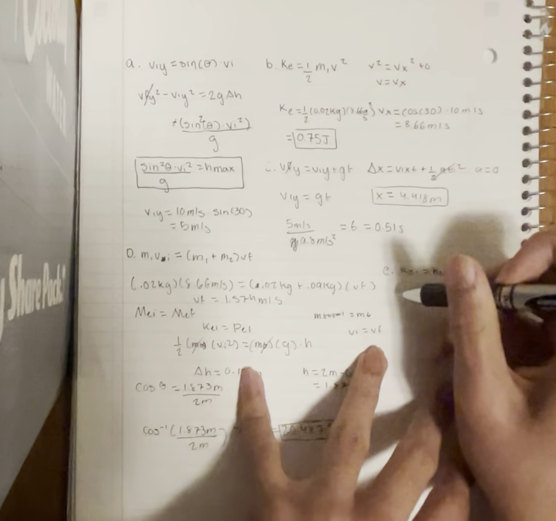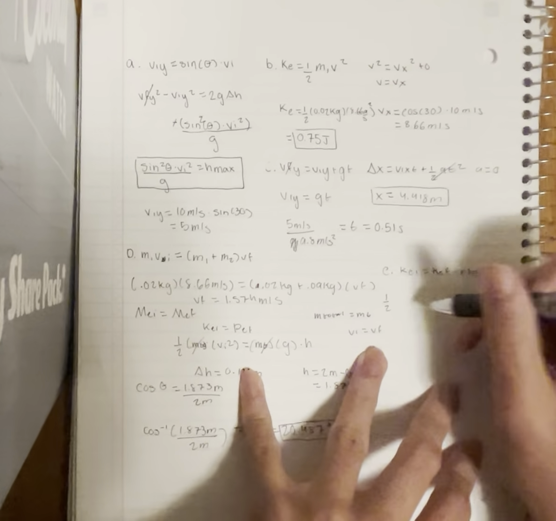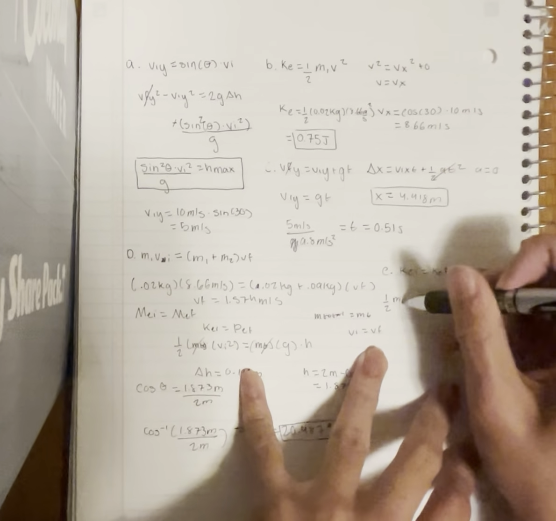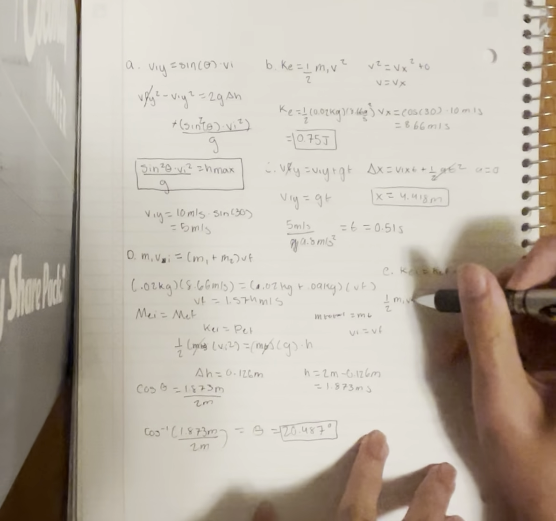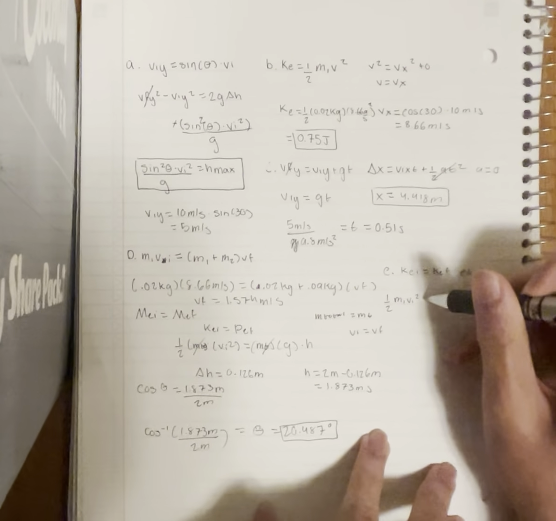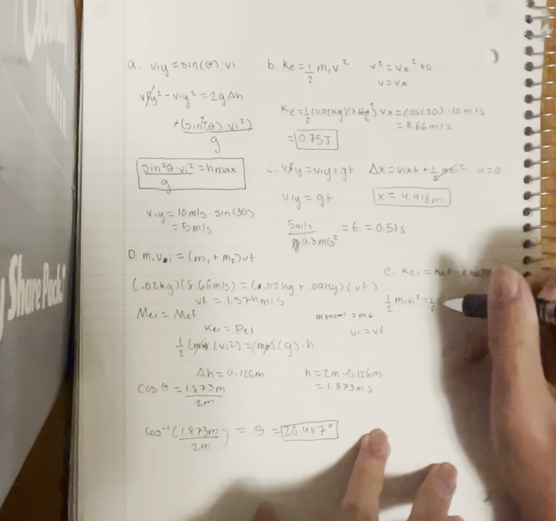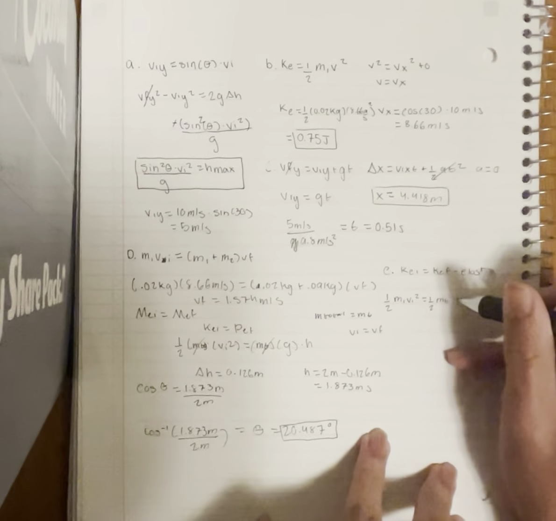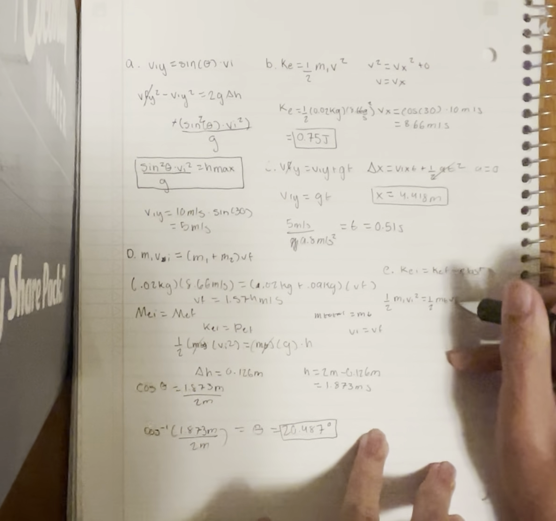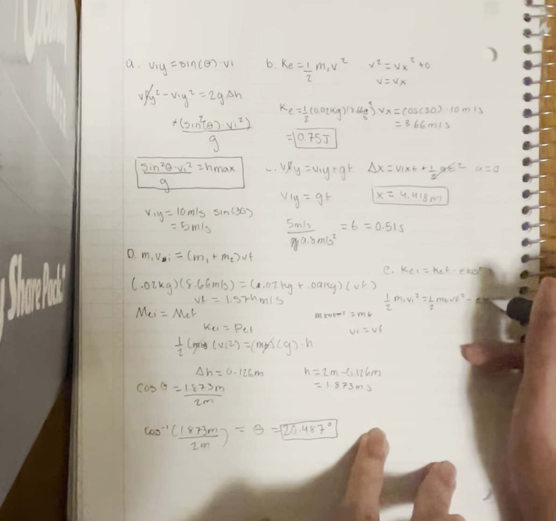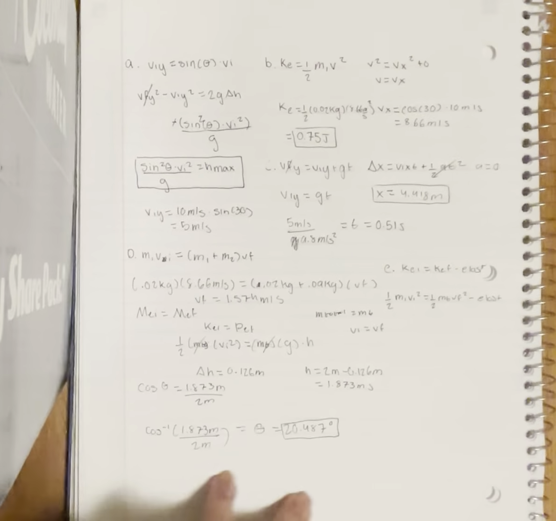So we know KEI before the collision is 1/2 m1 VI squared equals 1/2 m total VF squared minus E lost. And we already solved for all these variables, so we can just plug them in.